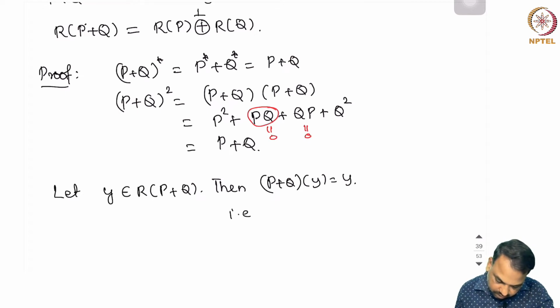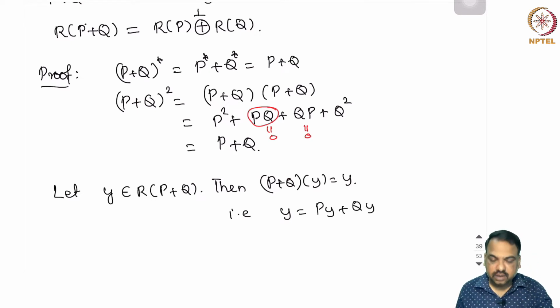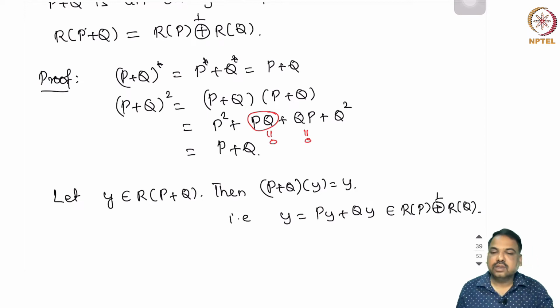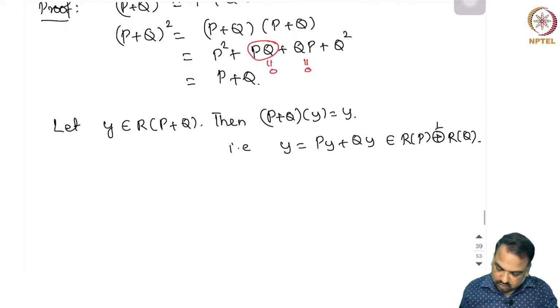That means y can be written as Py plus Qy. Now Py is in range of P and Qy is in range of Q, and we know that they are mutually orthogonal, so this y is in range of P, orthogonal direct sum with range of Q.